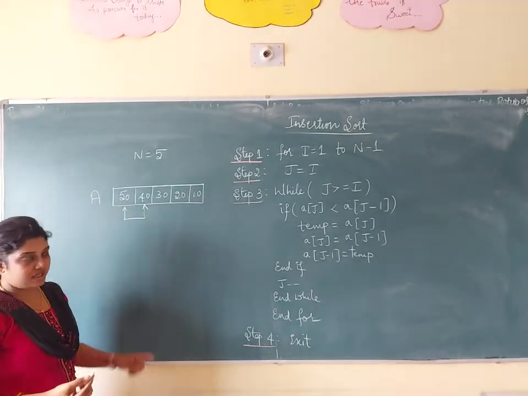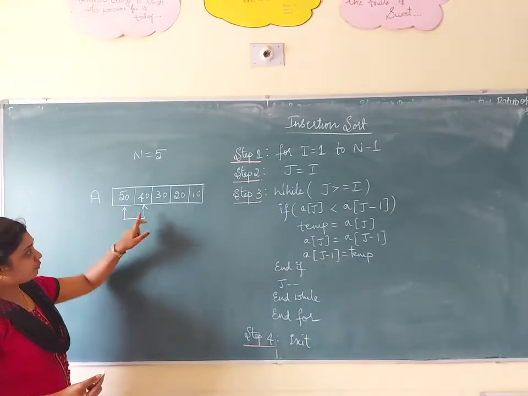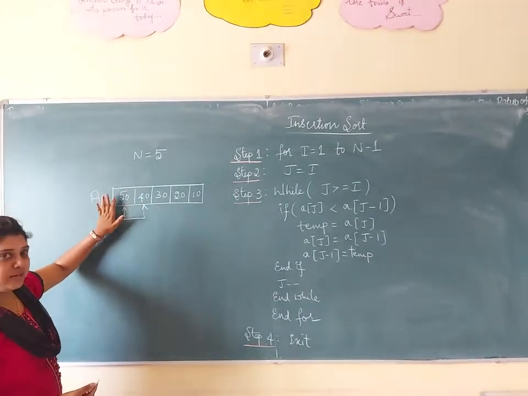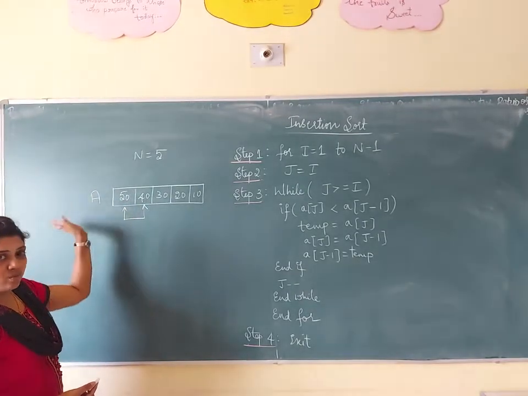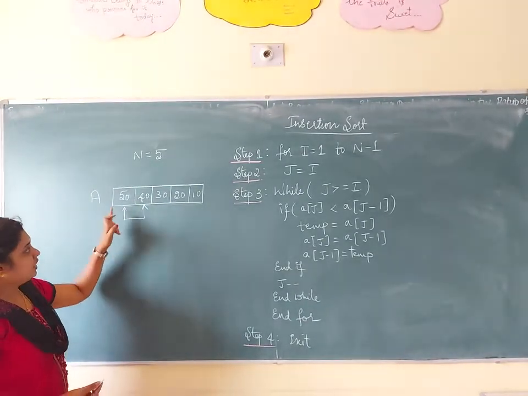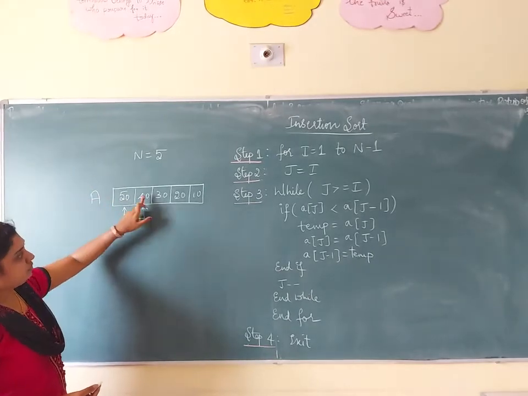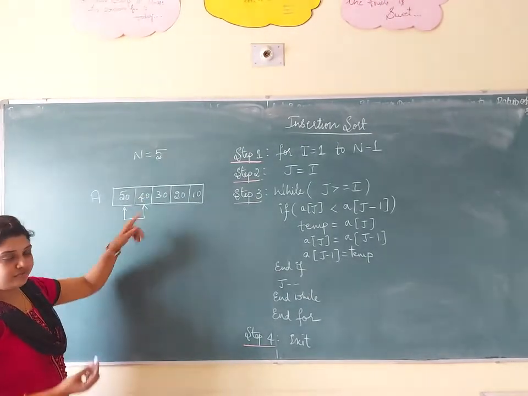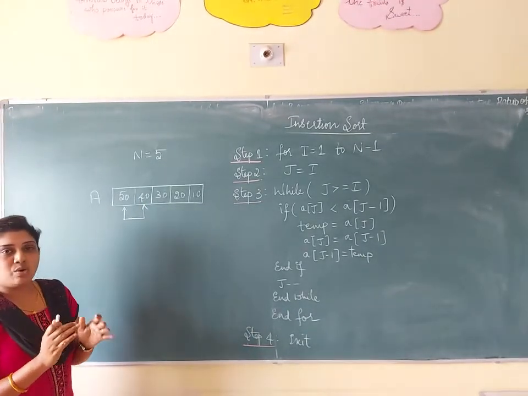Directly you cannot do it. If you take 40 and put it here, there is already an element 50, so it will overlap. If you take 50 and put it in the place of 40, we already have an element there. We cannot interchange directly.